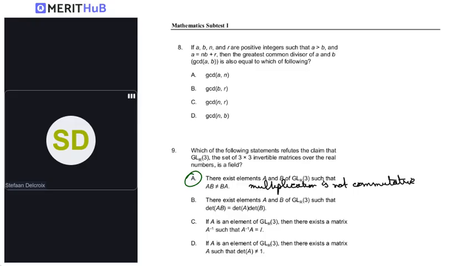Maybe a quick look at answer C. If A is an element of GLR3, then there exists a matrix A to the negative 1, such that A to the negative 1 A is I. What is answer C saying? Which property is that related to?